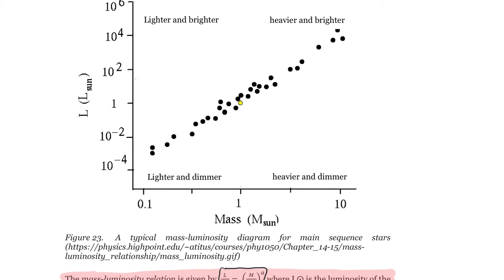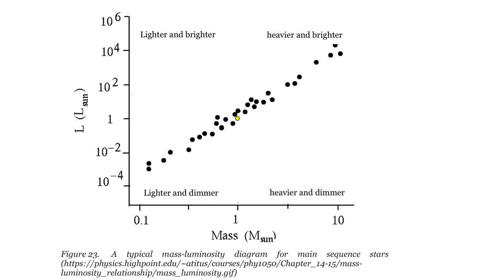So here is a luminosity versus mass graph, and we can see here that on the horizontal scale, we have the mass of stars in units of what we would call a solar mass, or the mass of the sun. This is also represented by the symbol mass with this little solar sign there.